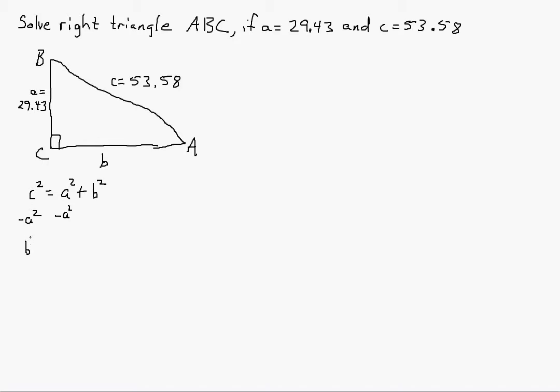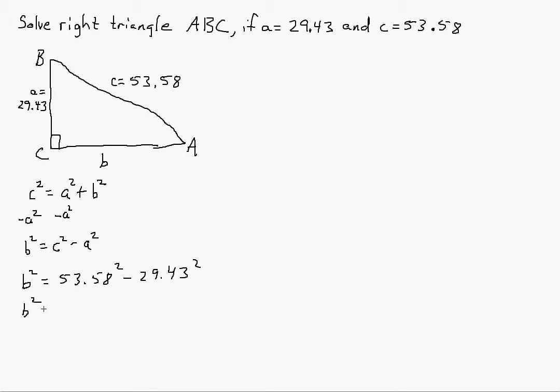So we get b squared is equal to c squared minus a squared. So let's plug in the numbers. We get b squared is equal to 53.58 squared minus 29.43 squared.